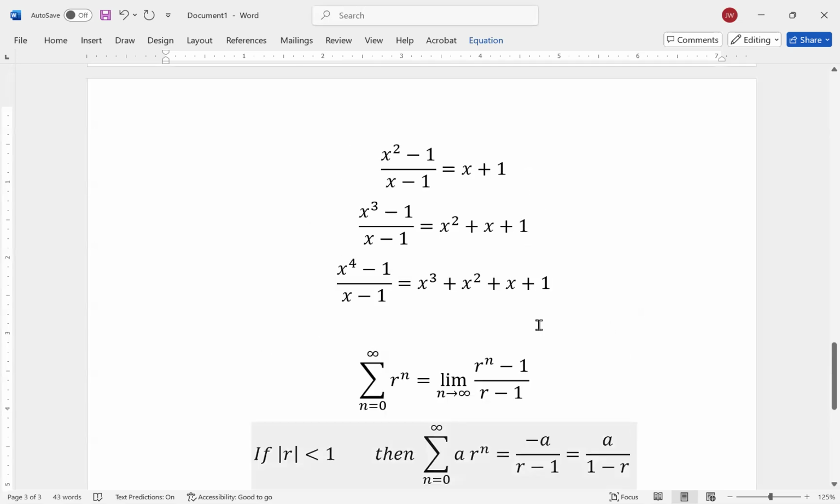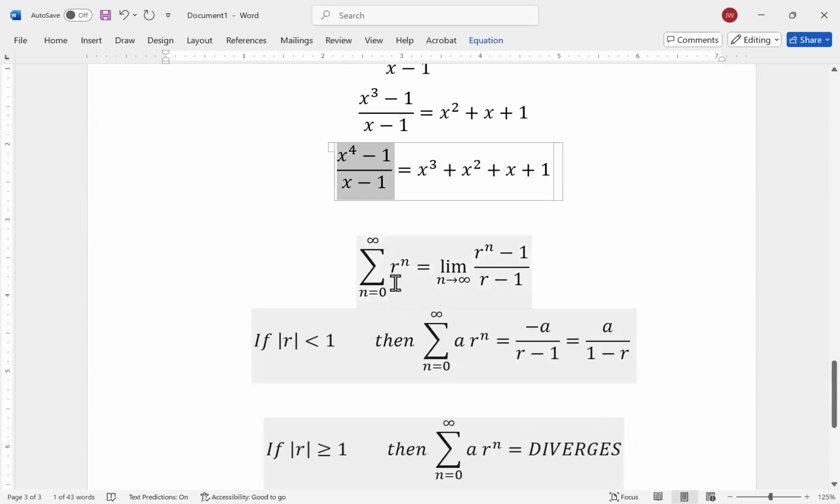And it's all basically just this equation that when you sum up x to the 0 plus x to the first plus x to the second, you can write it as this fraction. When you sum up x to the 0 plus x to the first plus x to the second plus x to the third, you can write it as this fraction.